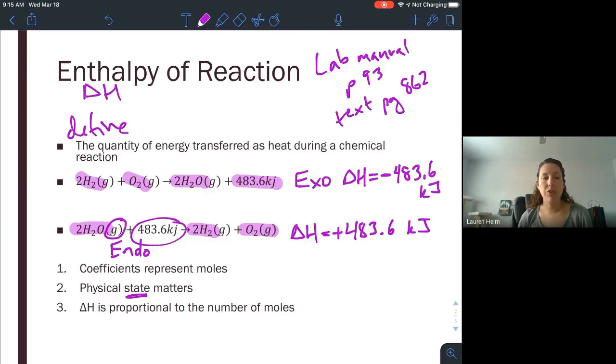So the amount of energy depends on whether we're a solid, a liquid, or a gas. Also, the enthalpy is proportional to the number of moles. Whether you have 1 mole or 2 moles matters. If you have 2 moles, you'll have twice as much energy as if you had 1 mole, because they're proportional.